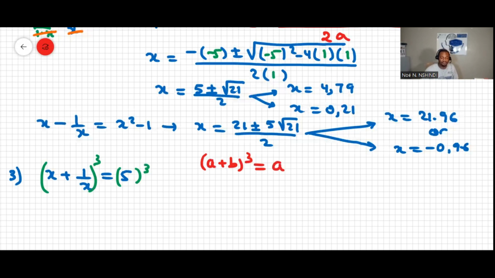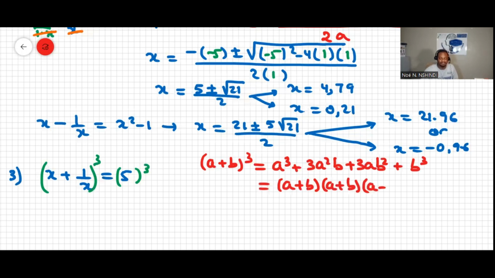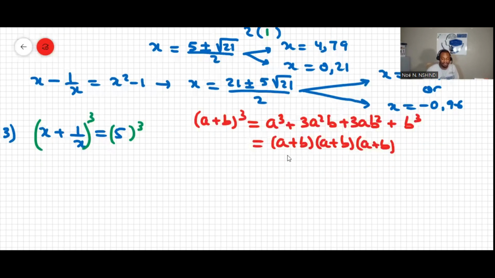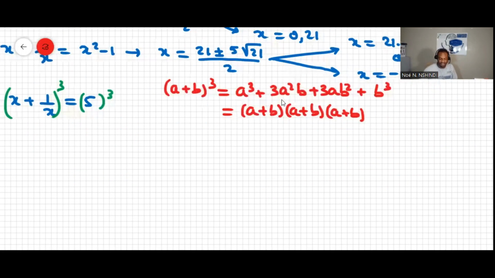The formula says that if you have a plus b to the power of 3, this is equal to a cubed plus 3a squared b plus 3ab squared plus b cubed. Or if you're unsure, just do a plus b times a plus b times a plus b, and you will get this formula. So I prefer to apply this formula here.